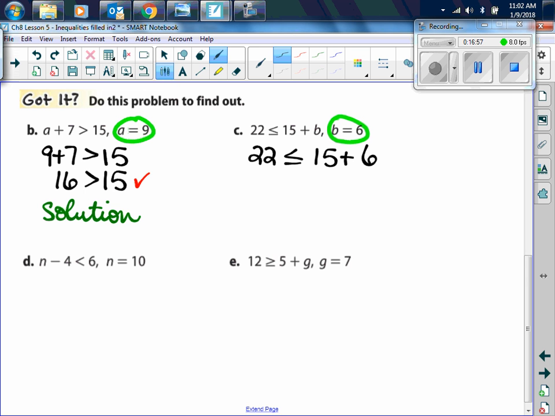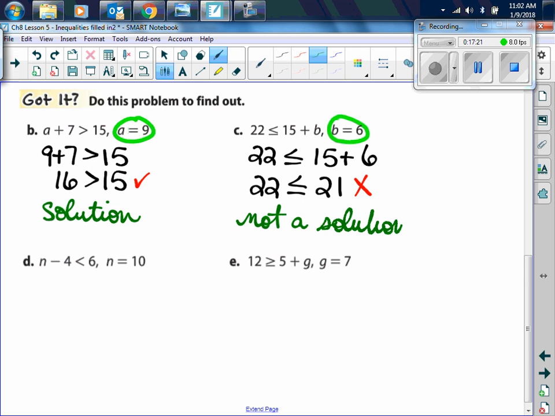What's 15 plus 6? So we've got 22 is less than or equal to 21. Is that true or false? That is false. Very good. So, what does that tell me about 6? Not a solution. Very good. All right, how about you guys try D and E on your own, and then I will show you the solutions.